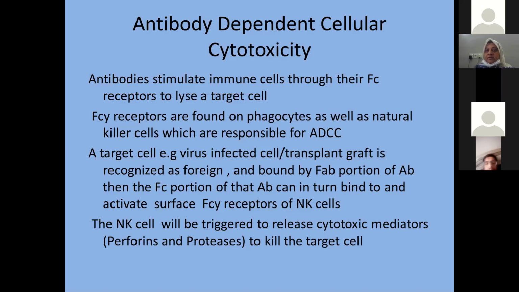Perforins cause holes in the cell, and proteases cause destruction of the proteins, and they kill the target cell. So antibody-dependent cellular cytotoxicity is another function of the antibodies, and it is independent of cytotoxic T cells. This cytotoxicity is brought about by natural killer cells.